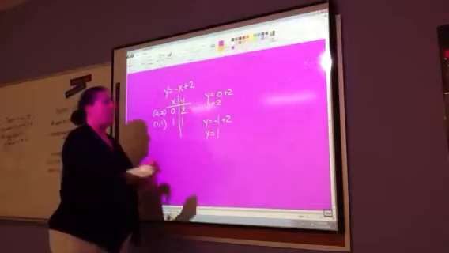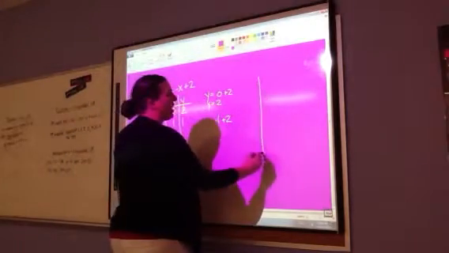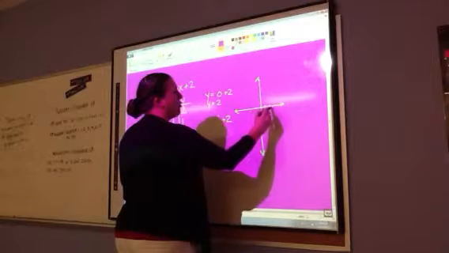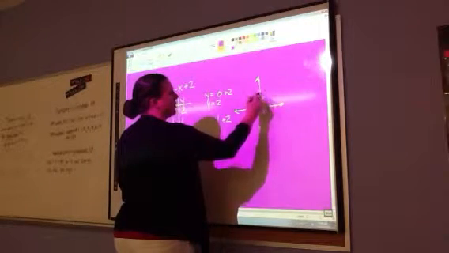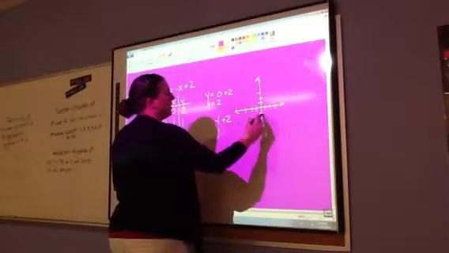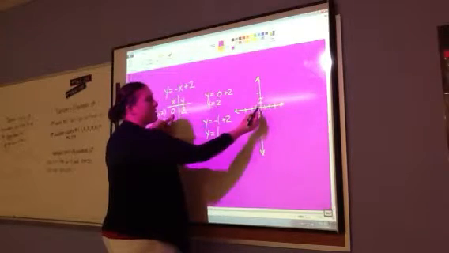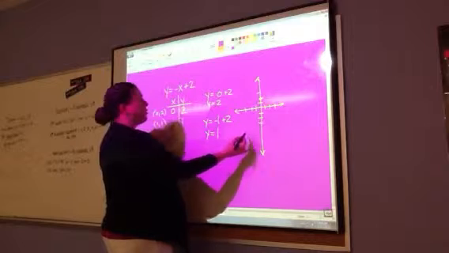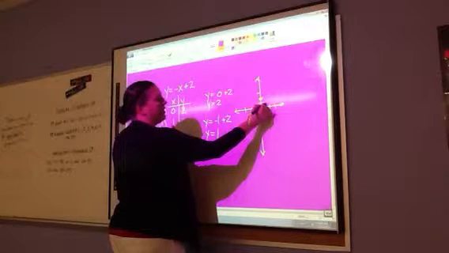So now what does that look like on a graph? So start your graph. You don't have to go real far on this one. 4 on each side or 3 on each side would be fine. So the first one is 0, 2, so over none, up 2. And the next one is 1, 1, over 1, up 1.